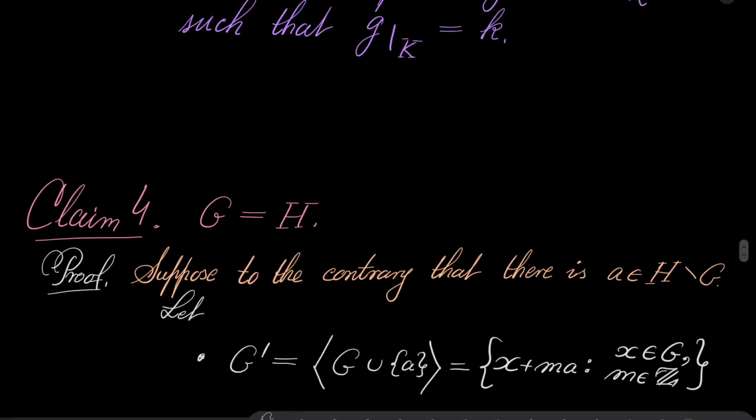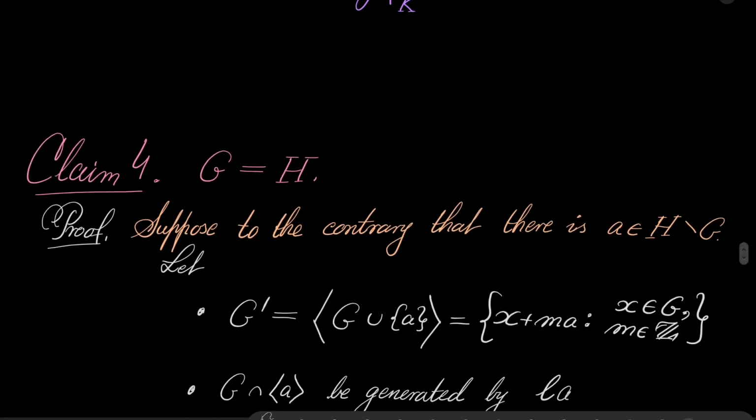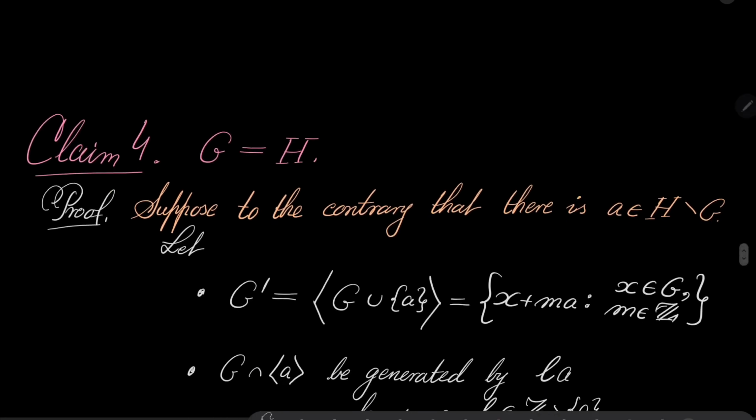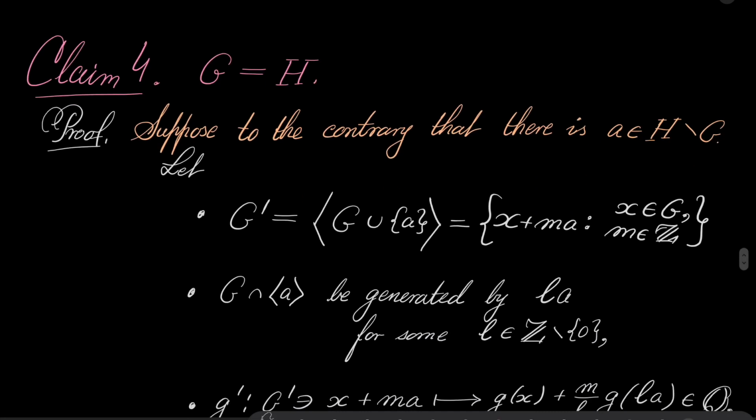And my fourth claim will be that actually this maximal element G equals the whole group H. And to prove it, we will suppose to the contrary that it is not the case, that there is an A in H but not in G. We will consider group G' to be the group generated by the group G and an element A. If you don't know it, these angular brackets mean the subgroup generated by some set.